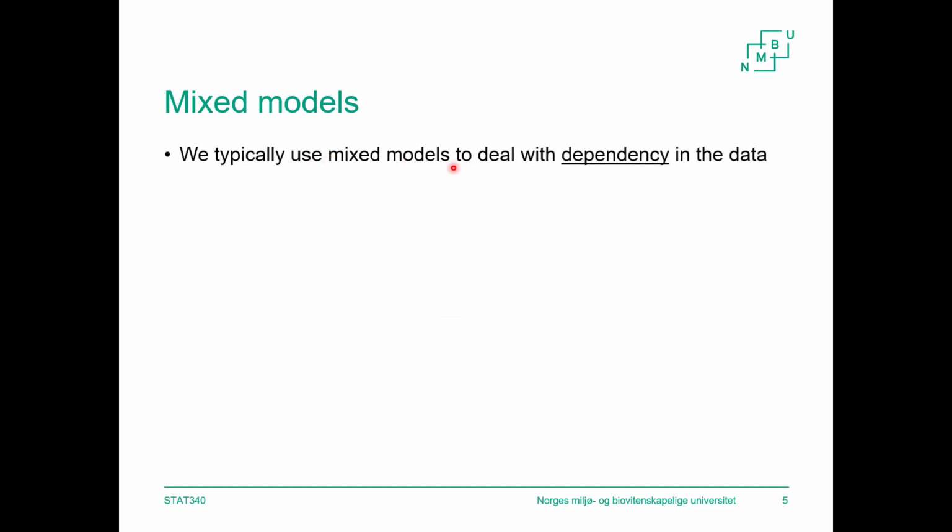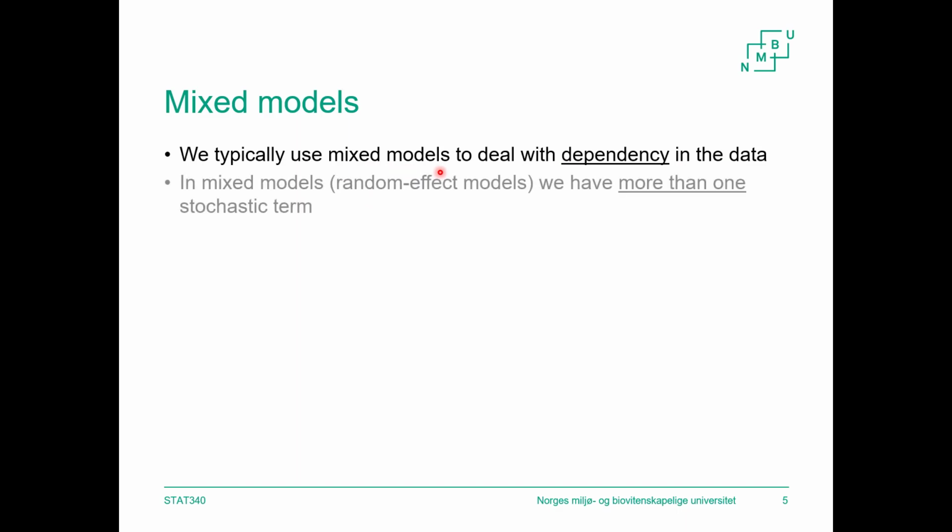We typically use mixed models to deal with dependency in the data. If we don't have independent data for some reason, this is one way we can deal with it. And in mixed models, or what we call random effects models, which we will specify shortly, what is typical is you have more than one stochastic term.